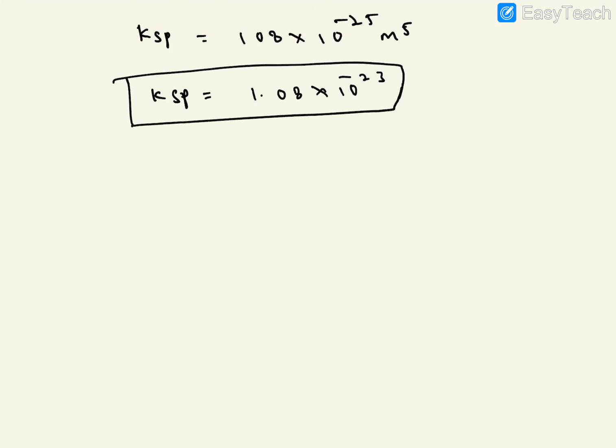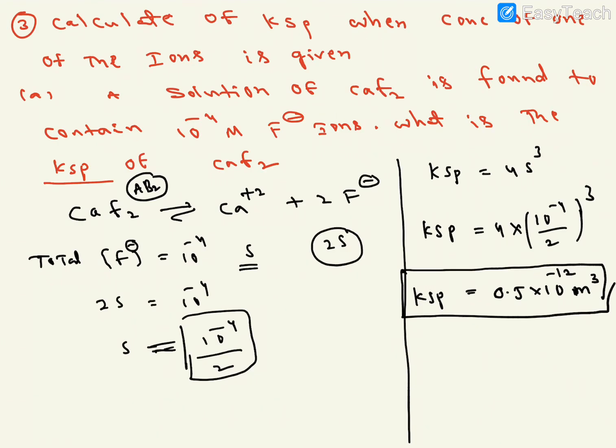So this is the KSP value. I hope it is clear. Same as the earlier question, here also we take the concentration of one ion and substitute it in the place of the S value, right?